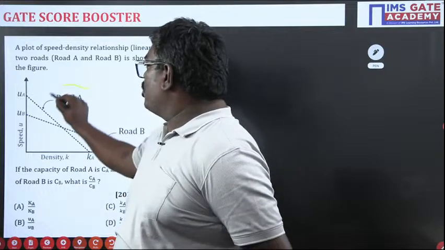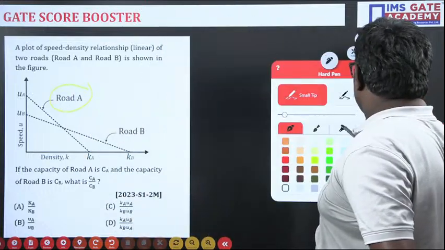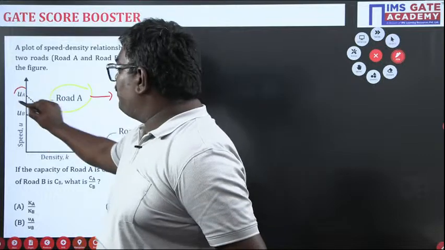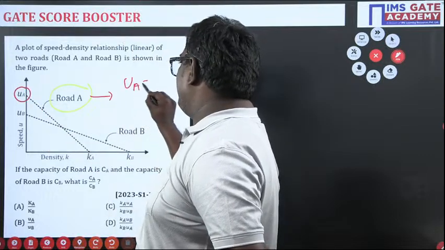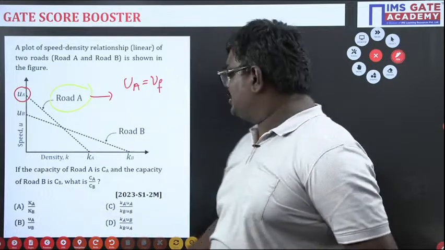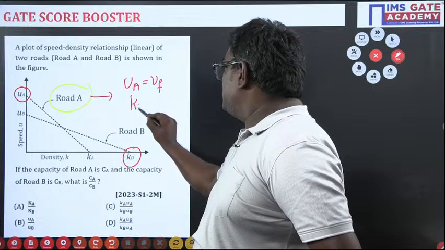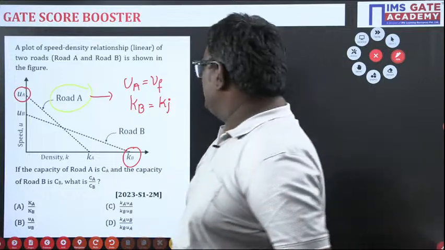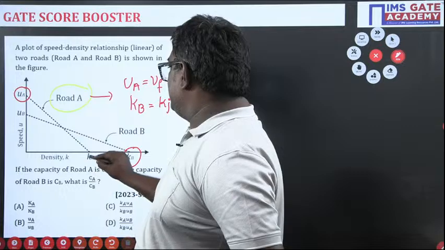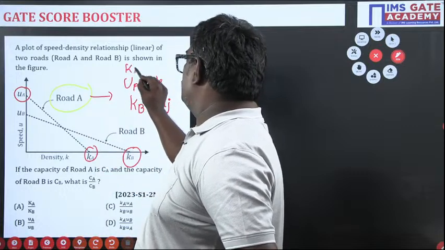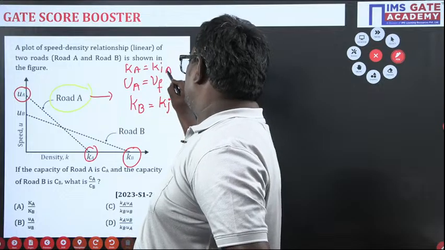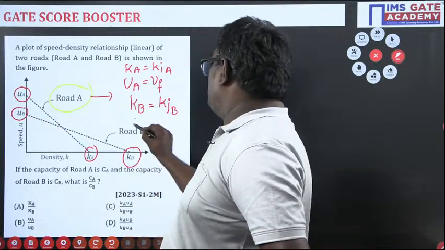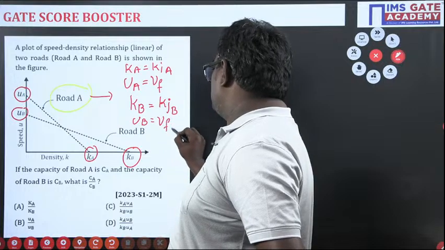If I consider road A here, please understand Ua represents free flow speed, and Ka represents jam density for A, and Kb represents jam density for B. Similarly, Ub will be the free flow velocity of B.